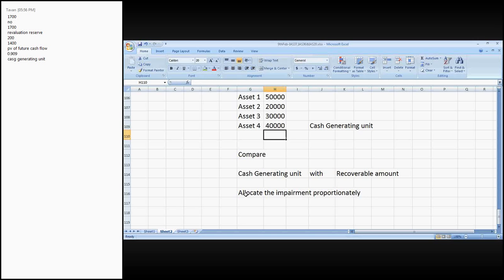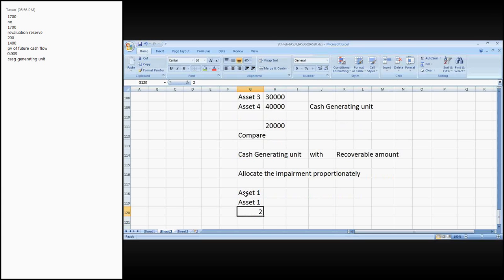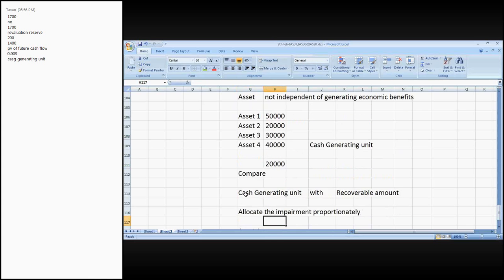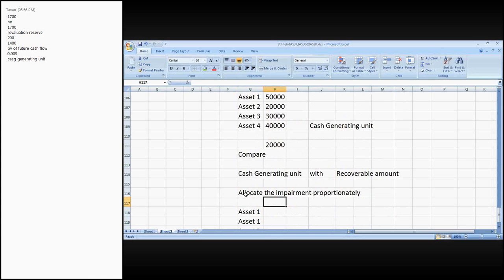Say we have suffered an impairment of 20,000, so I have to charge it proportionately. The ratio among asset 1, asset 2, asset 3 and asset 4 is 5:2:3:4, which totals 14. So 5 by 14 into 20,000 will be the impairment suffered by the first asset.